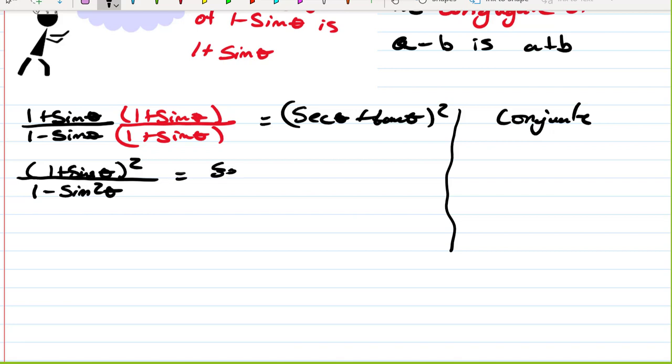And we want to make this equal to secant theta plus tangent theta. So now 1 minus sine squared theta is equal to cosine squared theta by the Pythagorean theorem, or the Pythagorean identity.